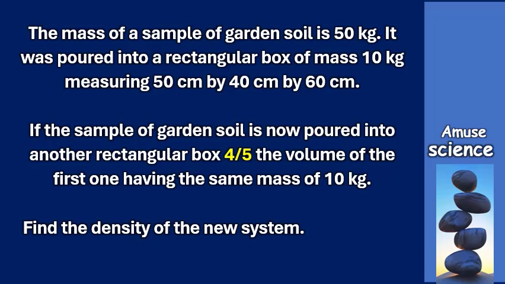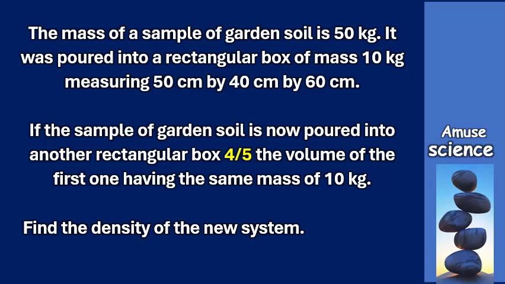According to the question, the sample of garden soil has a mass of 50 kg and the box has a mass of 10 kg. The mass of the system is 60 kg. Let us calculate the volume of the first system.